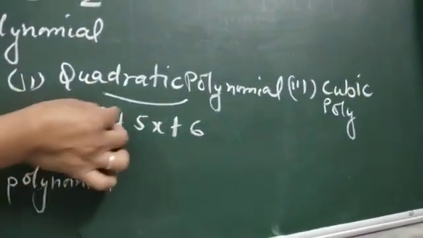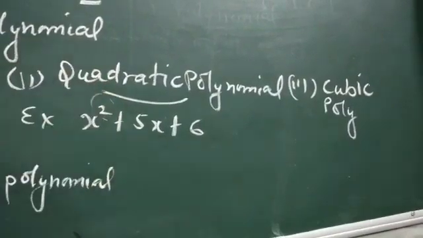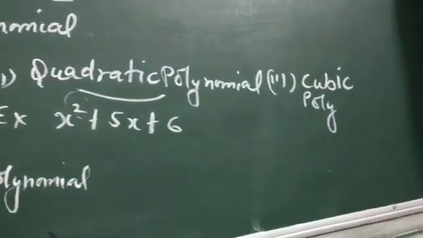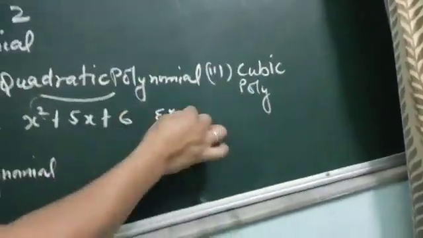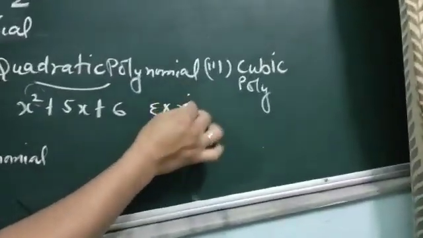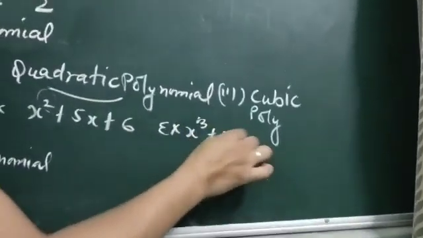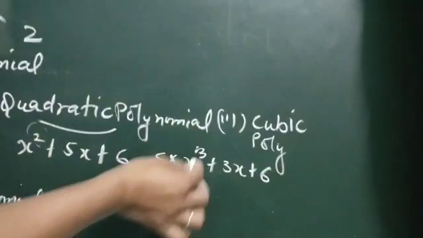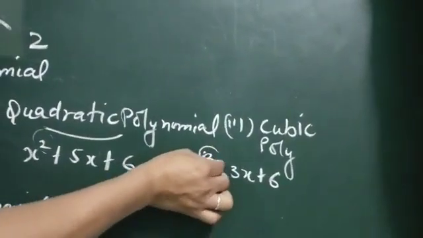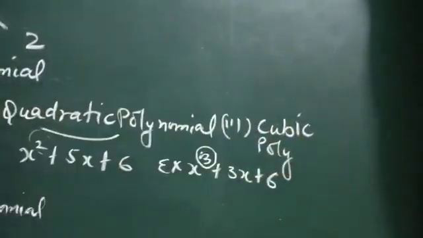Here the highest power of the variable is 2. Then this is a quadratic polynomial. And third one is cubic polynomial. We write x cube plus 3x plus 6, and here the highest power is 3. It means this is a cubic polynomial.